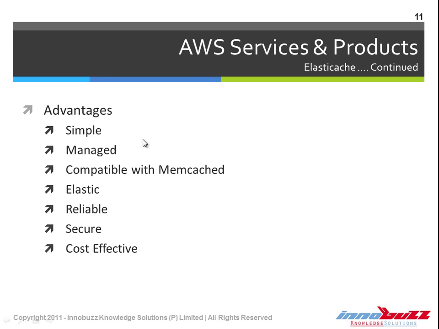As we have seen, most of the products in AWS are elastic because it is one of the major features we get in cloud infrastructure. And it is reliable as it replaces the failure of any node automatically. It is secure as well, since it communicates the transactions through SSL terminals.